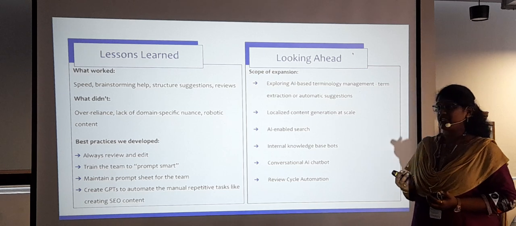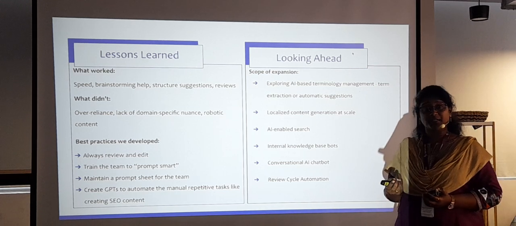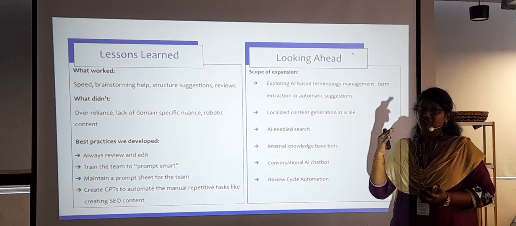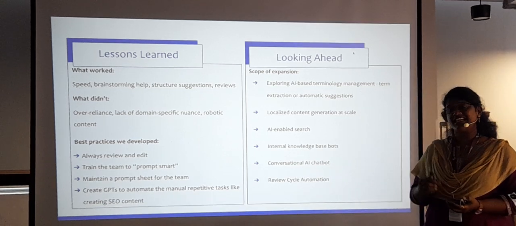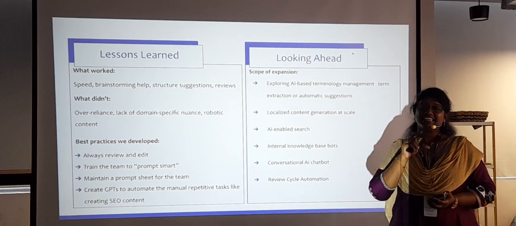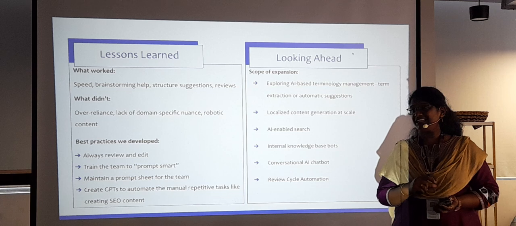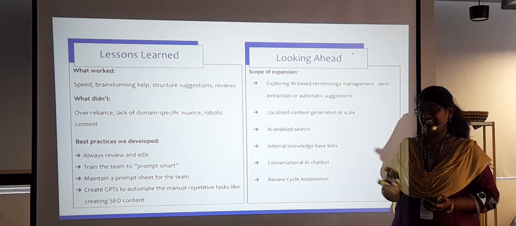So to cut that out, we trained our writers with what we call smart prompting, and we also maintain an Excel sheet that all the writers can access. Whoever works on a certain part of the workflow copies and pastes their set of prompts there, on top of which the other writers can build.